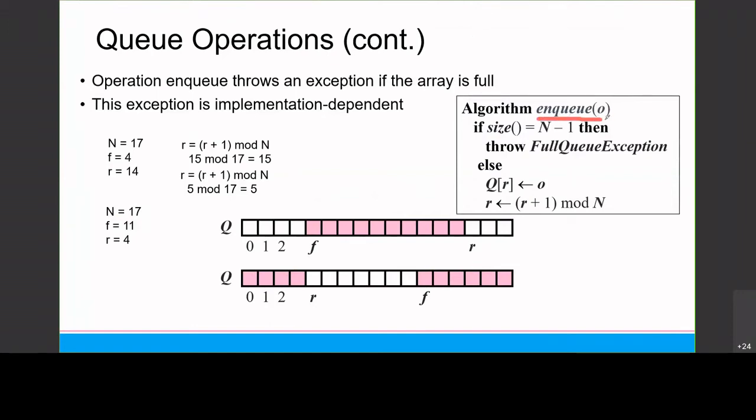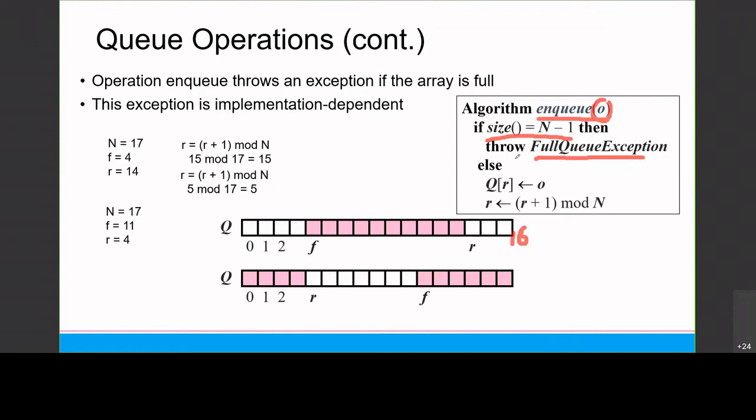We will make one algorithm enqueue, and then we want to put the object O. If the size now is n minus 1, if we have 17, the index will be from 0 until 16. So if it's already 16, then we need to do the full queue exception. So we cannot do more than the size.